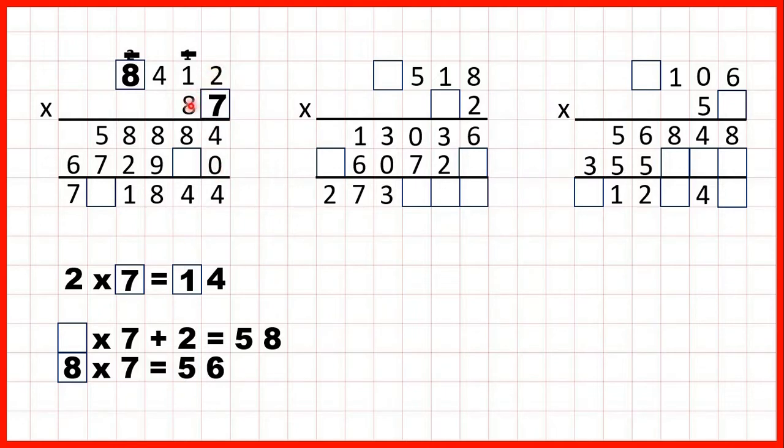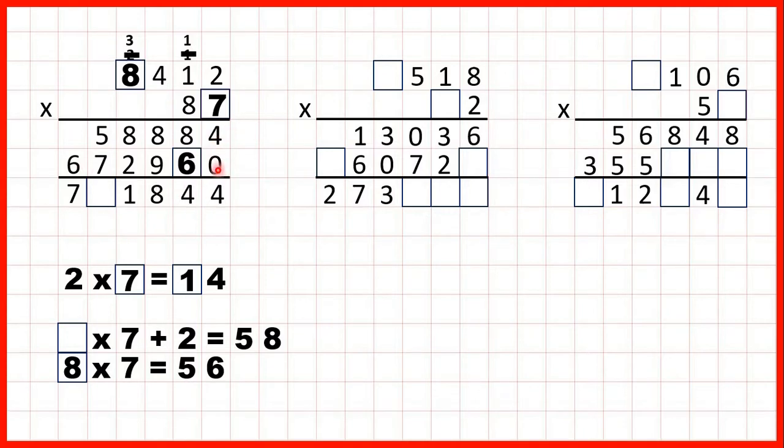Now 2 times 8 is 16, so that's 1, 6. 1 times 8 is 8, plus 1 is 9. 4 times 8 is 32, so that's 3, 2. 8 times 8 is 64, plus 3 is 67.